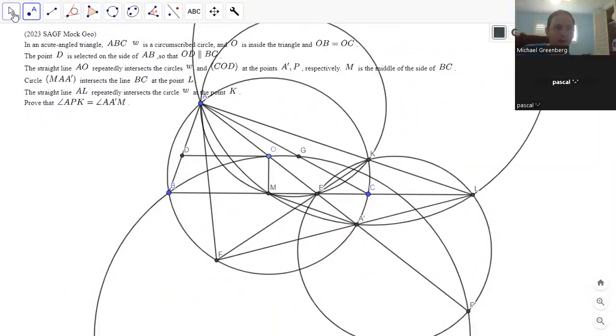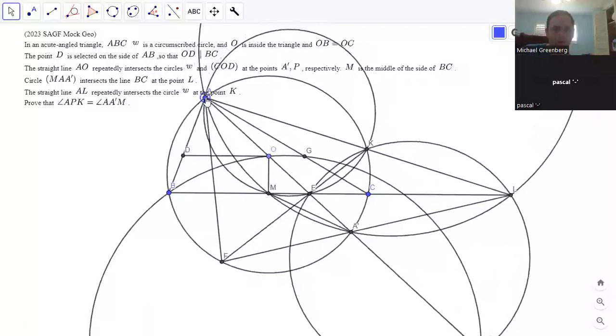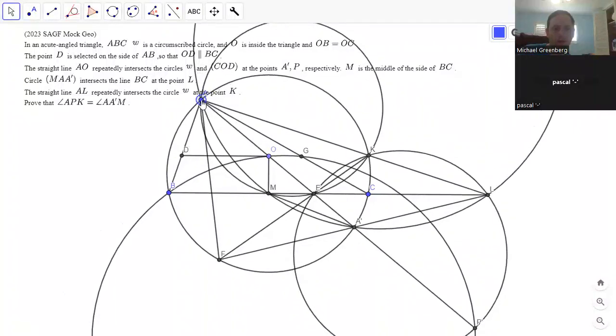Yeah, so we'd also have to have BOGP be cyclic, and this whole thing would be parallel.